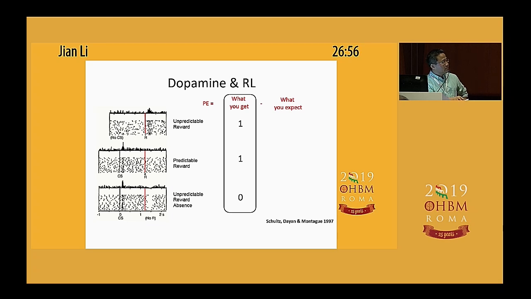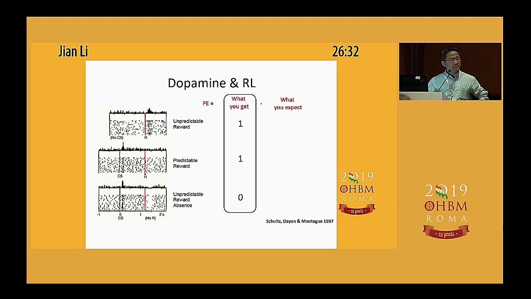Eventually, people came up with the idea that those dopaminergic neurons were actually signaling, instead of reward itself, reward prediction errors. Simply put, you can define the prediction error as what you get minus what you expect. If you follow this definition, now the mysterious pattern of dopaminergic neurons is not mysterious anymore.